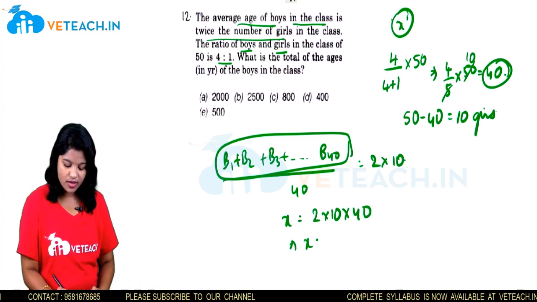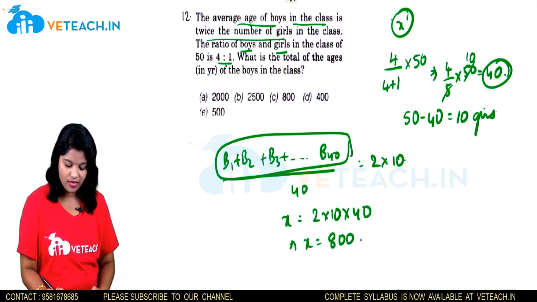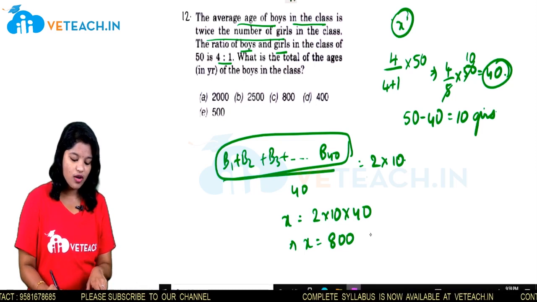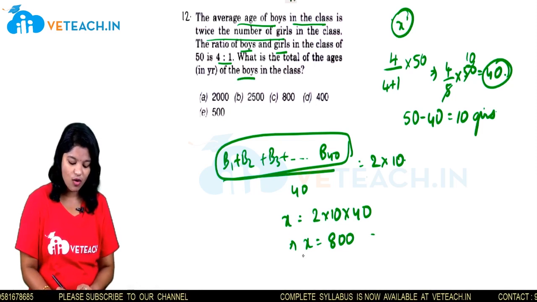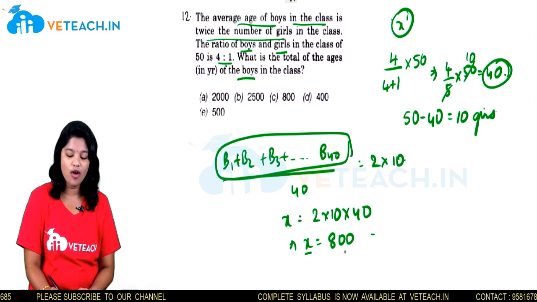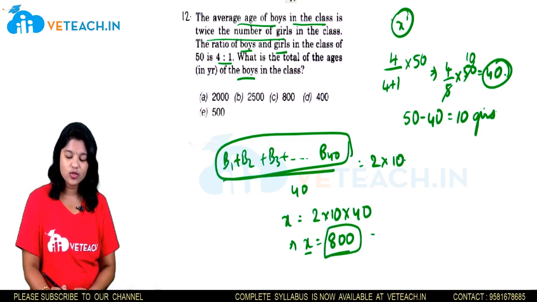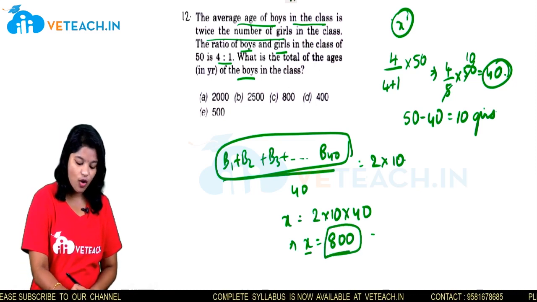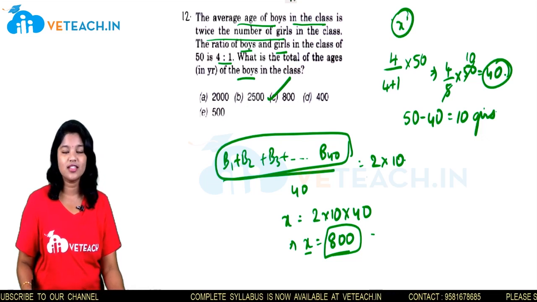So that is equal to 800. So the total of all ages of boys in the class, or the sum of all ages of the boys in the class, is equal to 800. So option C, 800 is our correct answer.